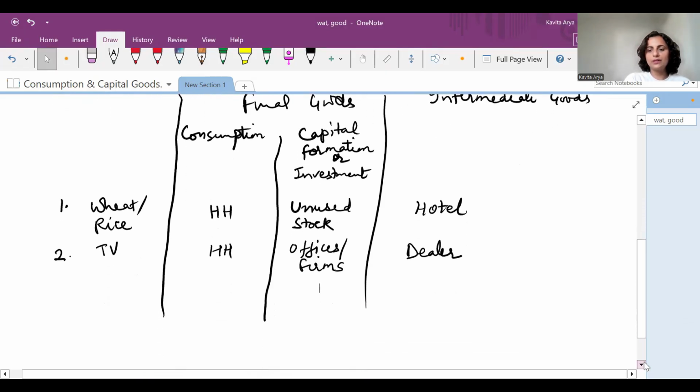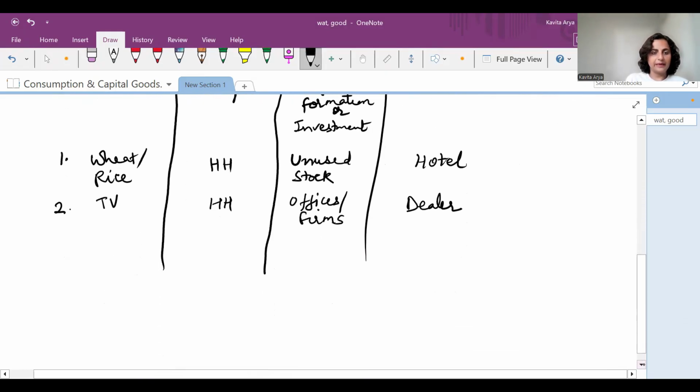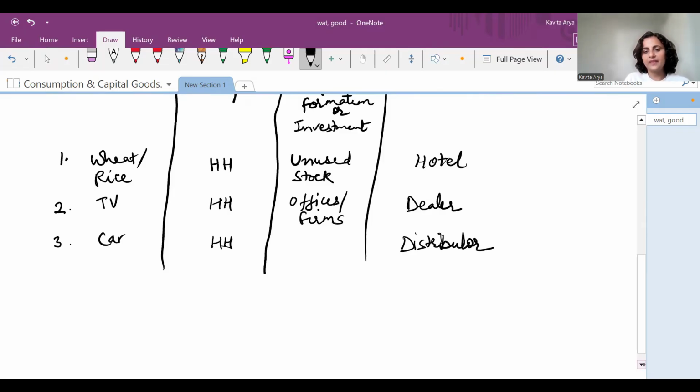If you talk about cars, right? A car used by households would be a consumption good. But if a car is lying with some distributor, it becomes an intermediate good.